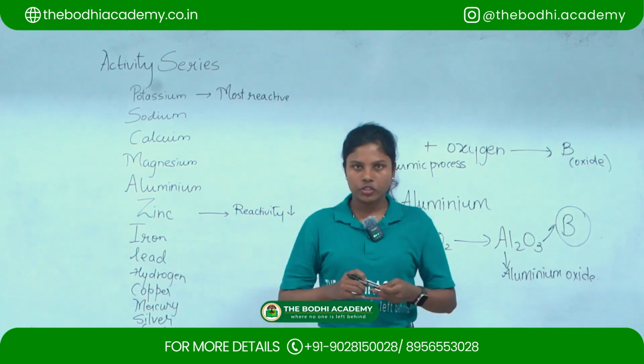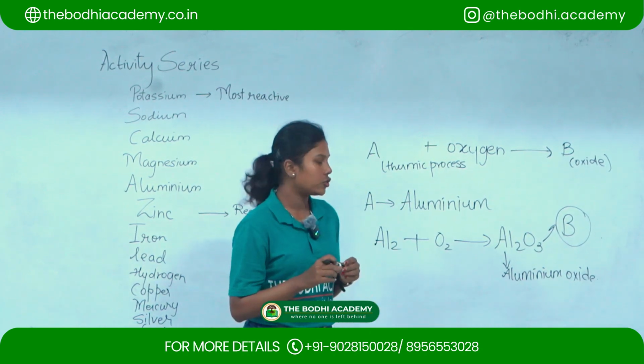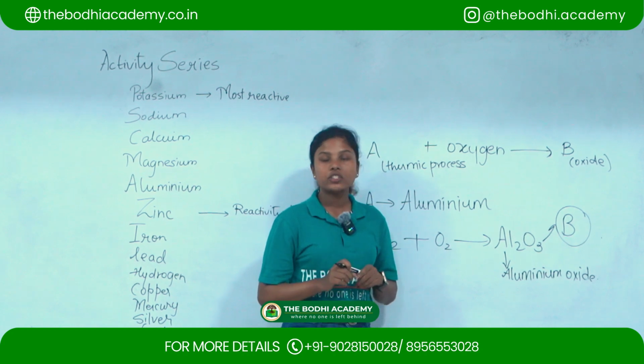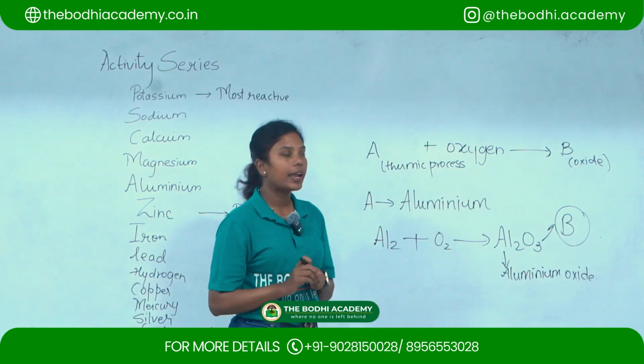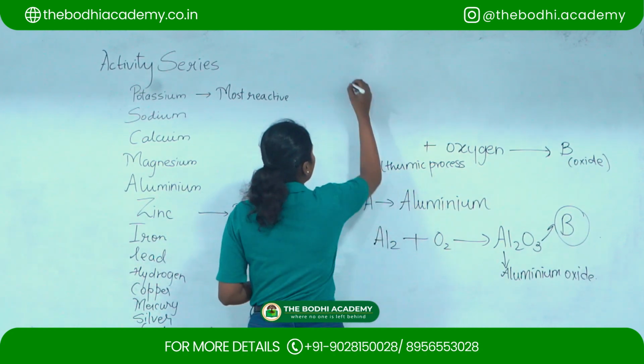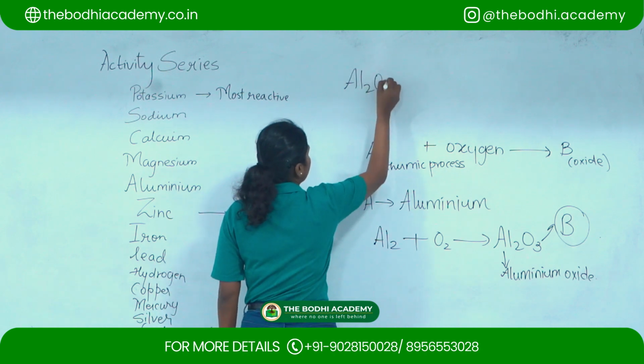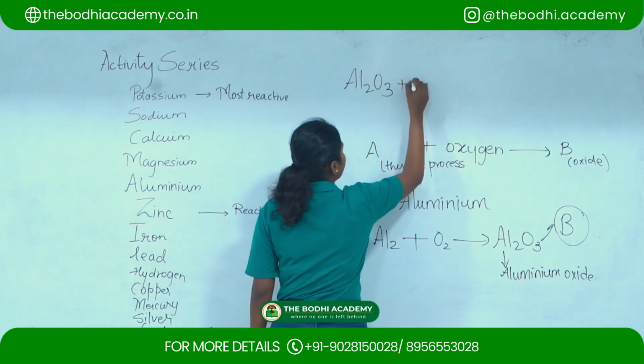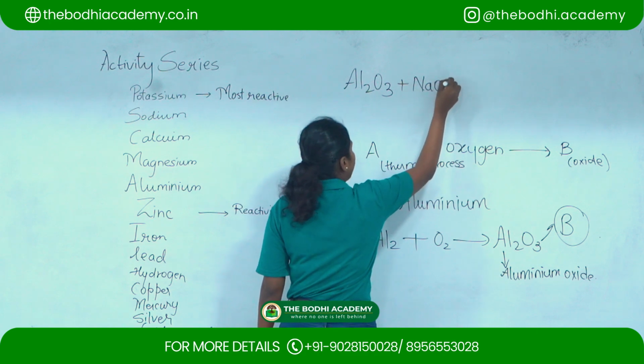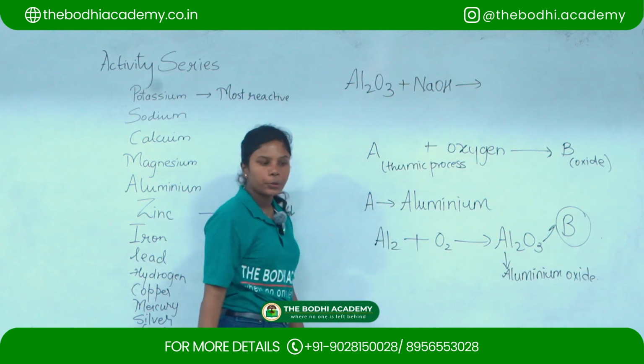The same question has another following question: write down the equation for the reaction of B with NaOH. So we have B, Al2O3, and we are going to react it with NaOH. What is going to be its product?